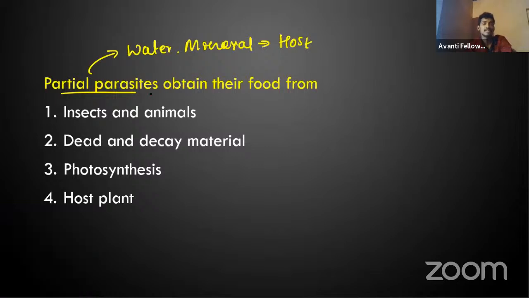These partial parasites are green in color and they produce their own food by the process of photosynthesis. So very few people were correct. The correct answer is photosynthesis. Exactly.